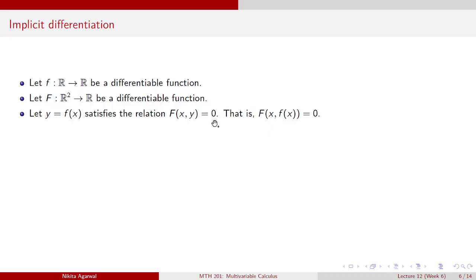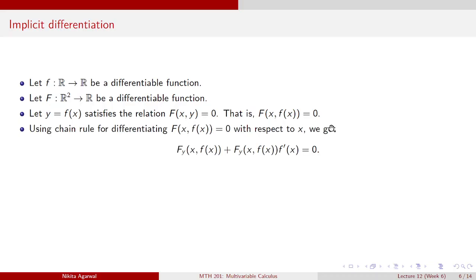What do you mean by it satisfies this relation? Meaning if I substitute f(x) in place of y, then this equation is satisfied, which means capital F of (x, f(x)) is 0. So let us focus on this F(x, f(x)) equal to 0 and use the chain rule and differentiate with respect to x. So what do we get?